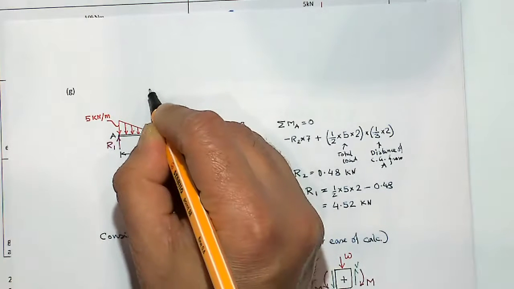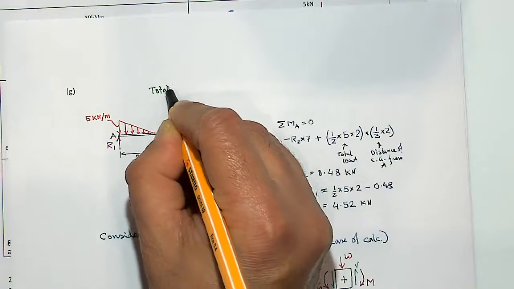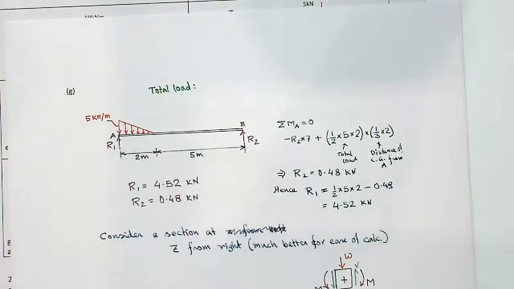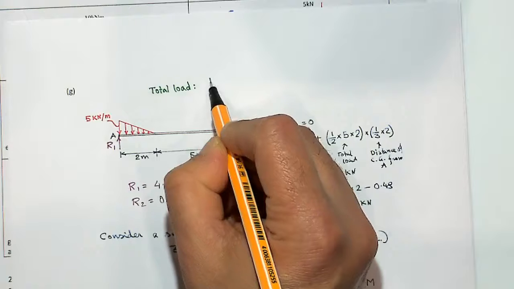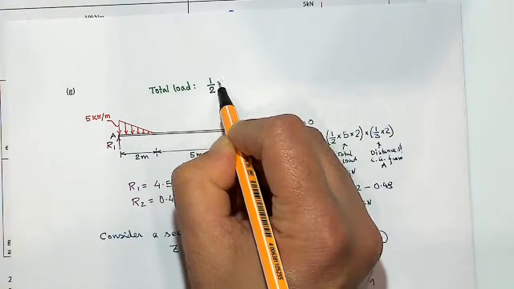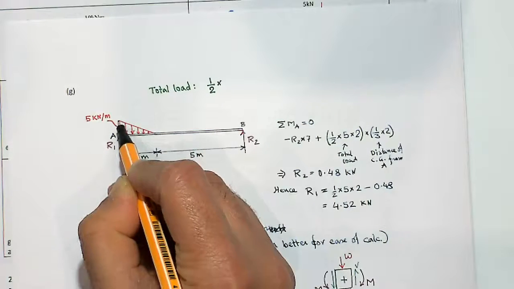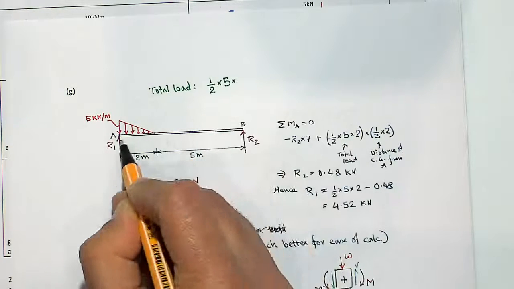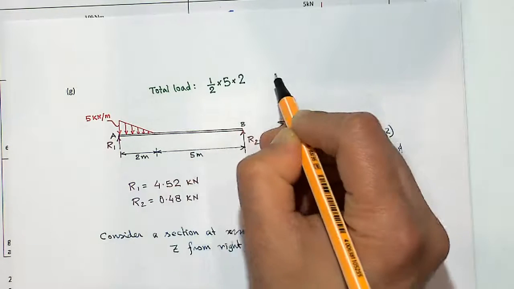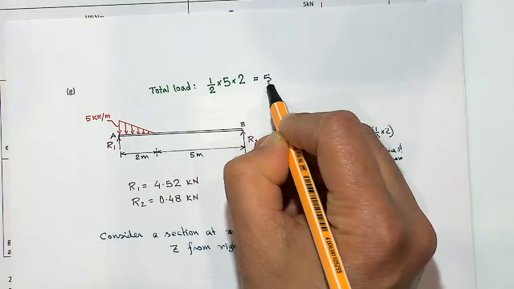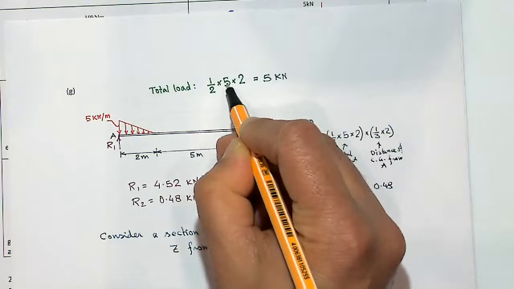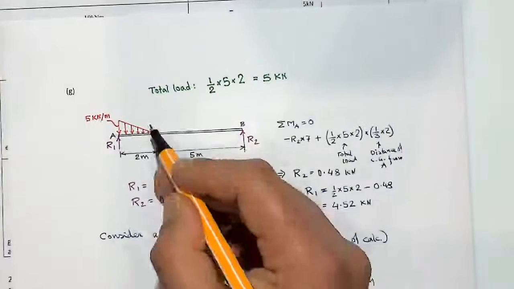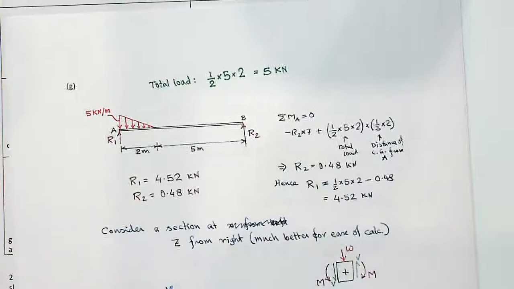The total load for a triangle is the area of the triangle. So half the intensity, which is 5, times the distance along there, which is 2. Now this is 5 kilonewton per meter, so this whole triangular load is 5 kilonewton.